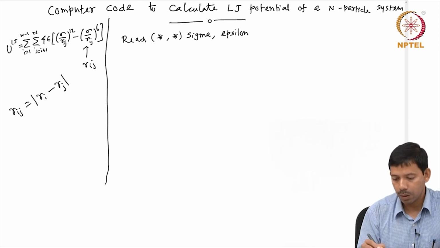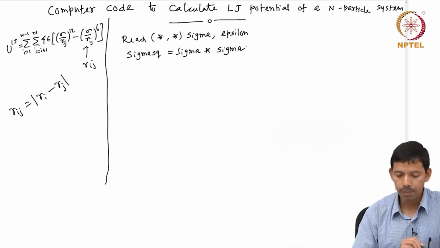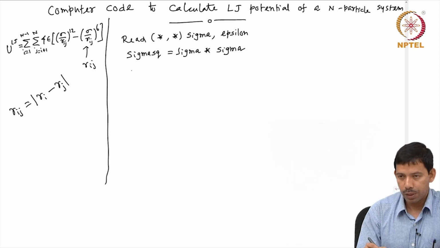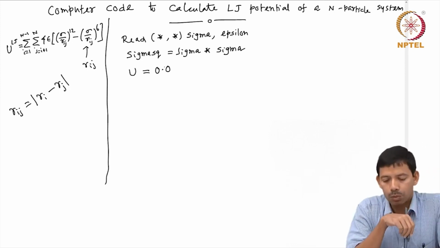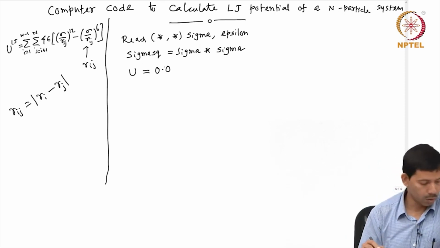After I read that, I calculate sigma square by multiplying sigma with sigma. Now I initialize my potential by setting it to 0. So I am now initiating the calculations, and my U to start with is 0.